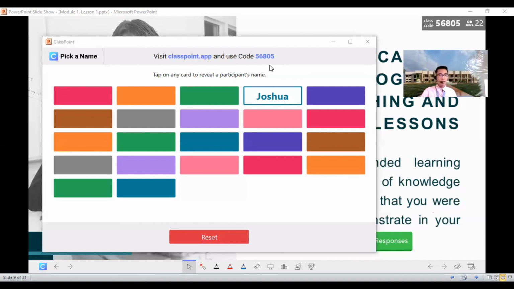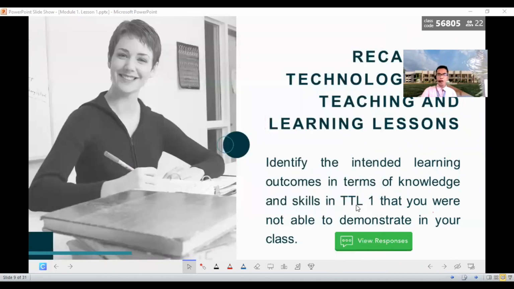Syempre isipin naman natin yung kakayahan natin, but the things that you are mentioning to us now is maganda siyang points na dapat kailangan natin maipakita pagdating natin sa field. Okay, class? Sana maipakita natin ito. Okay, so I think we'll end the sharing of insights and learnings, or the things that you have done during your TTL1.